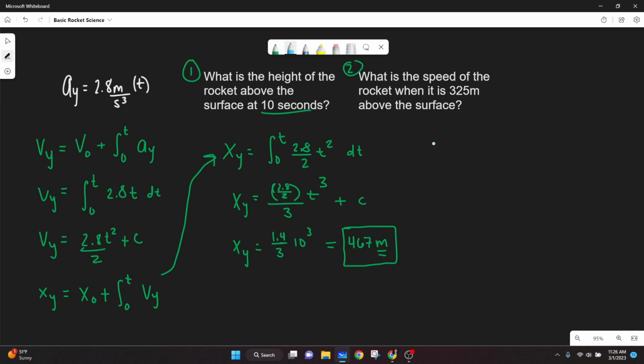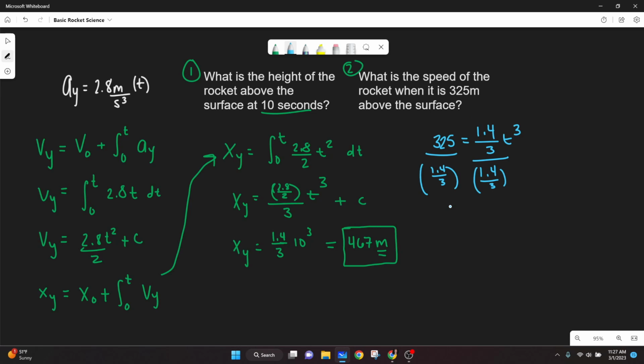So our position here, our x along the y dimension, is 325 meters, and that is going to be equal to 1.4 over 3 times t cubed. And so we can divide both sides by 1.4 over 3. And so we get 325 divided by this.